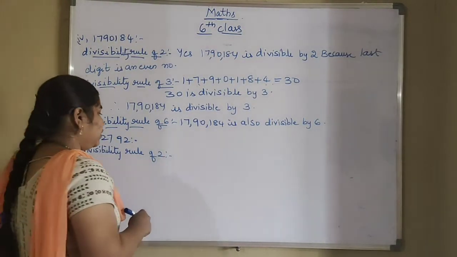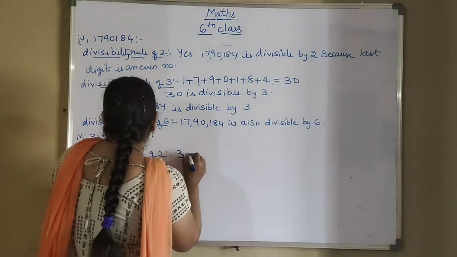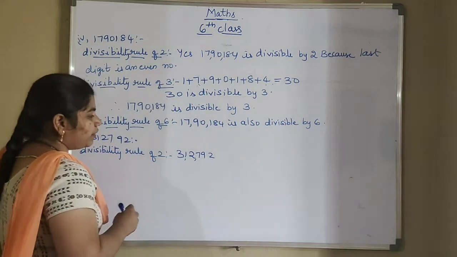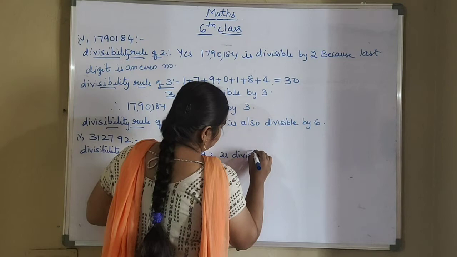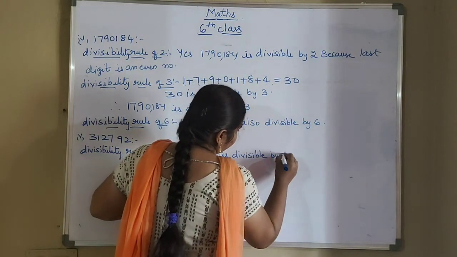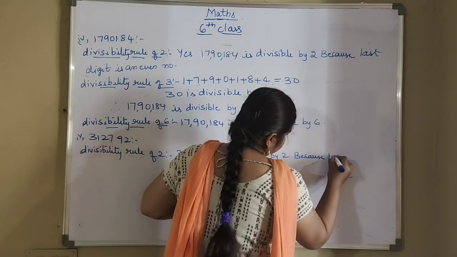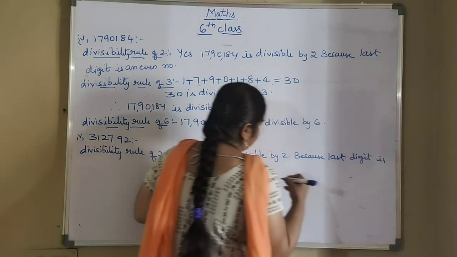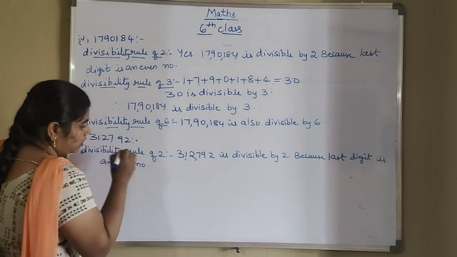So 2 is an even number, so the whole number will be divisible by 2. 3,12,792 is divisible by 2 because the last digit is an even number.